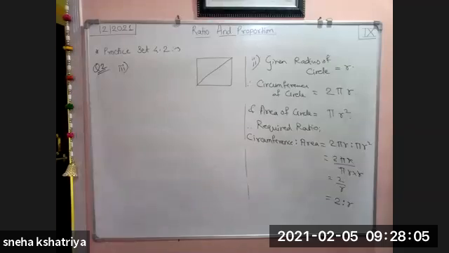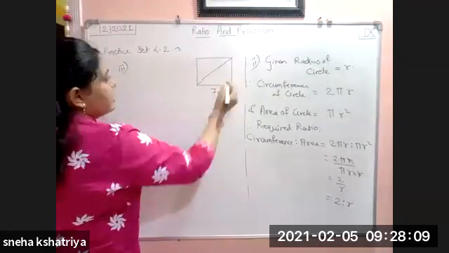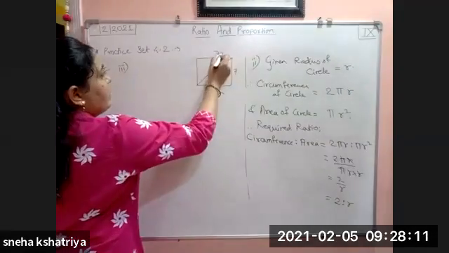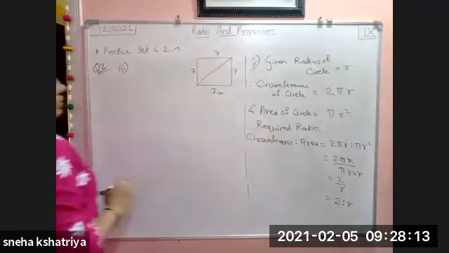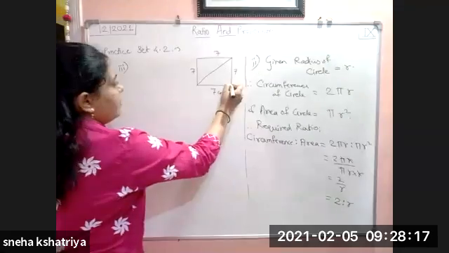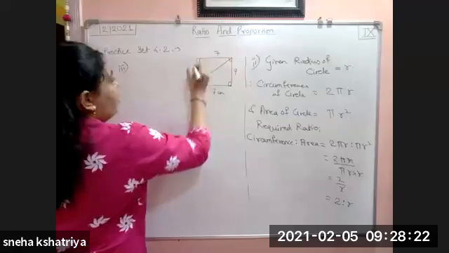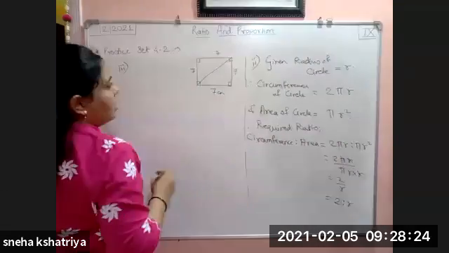The value of the side is given as 7 centimeter. As it is a square, here it will also become 7, and here it will also become 7. All the sides are the same. Also we know that in a square all the angles are 90 degrees.